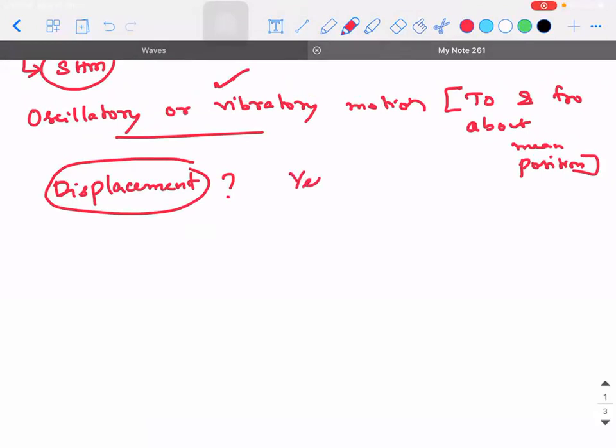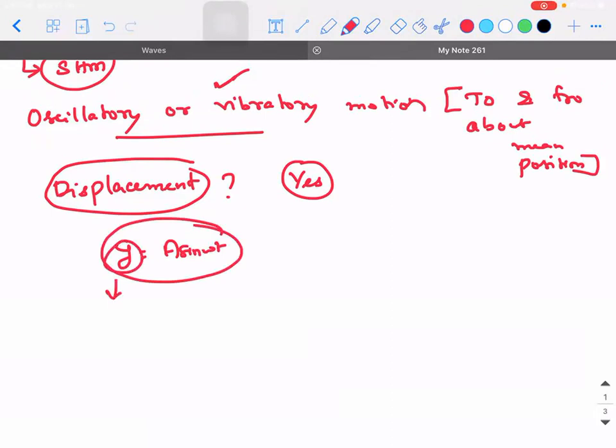The answer is yes, because we wrote y is equal to a sine omega t, where y stands for the displacement of the particle. Or a cos omega t, where x also stands for the displacement of the particle.